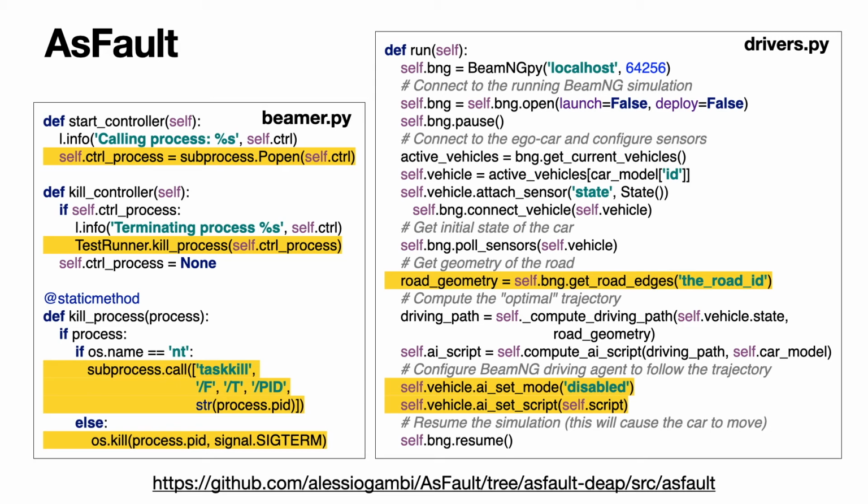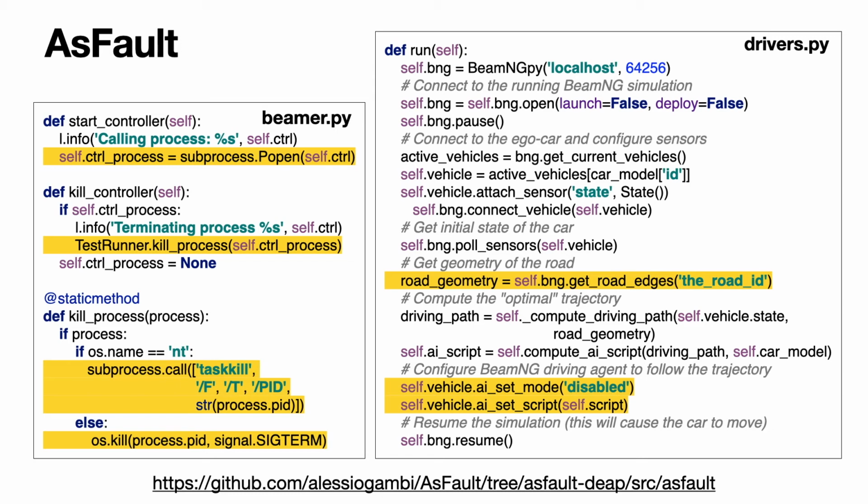In the process itself, what you can do here is to once again attach to a running simulation using the call BeamNG open, with launch false and deploy false. So the running simulation is there. You don't have to restart it. And then you can define your state, get a reference on the active vehicles that are there and what's not. And then you can get road edges.